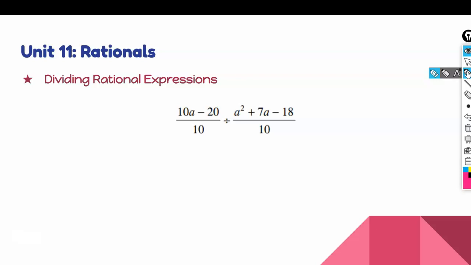Now this is the one where it was a bit funky, a little bit more involved, because it did require us to factor a little bit before we even got to divide.